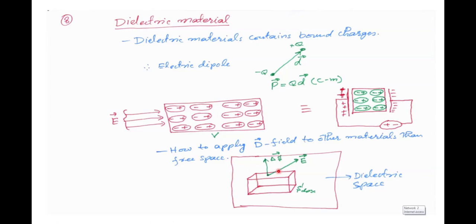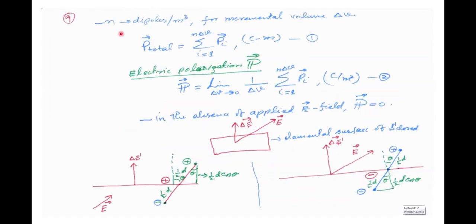Polarization means dipoles per unit volume. Suppose there are n dipoles per cubic meter. N represents polarization, dipoles per cubic meter.